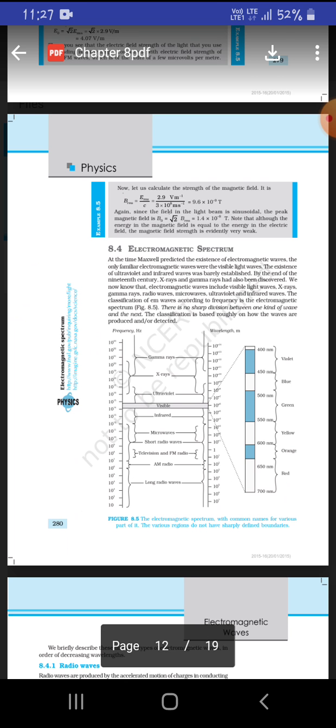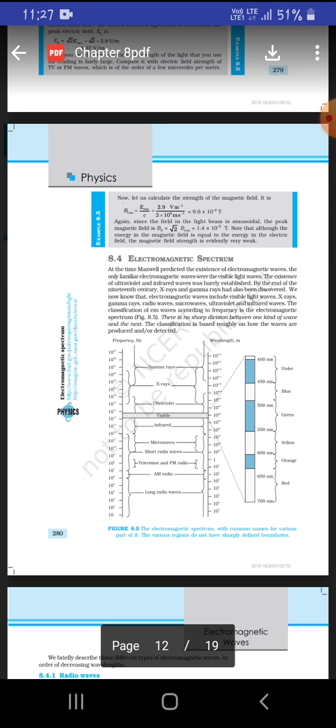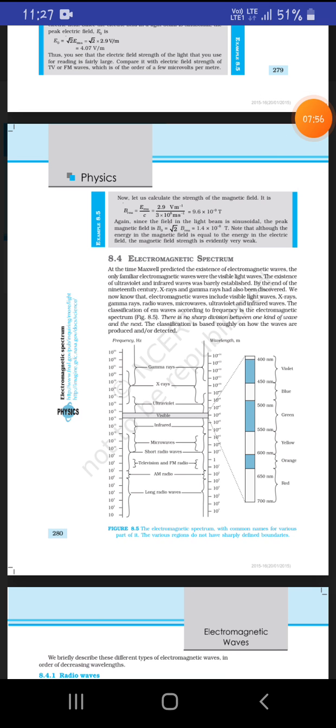In the 19th century, X-rays and gamma rays were discovered. There are also radio waves, ultraviolet rays and others, and a classification of EM waves according to frequency forms the electromagnetic spectrum.